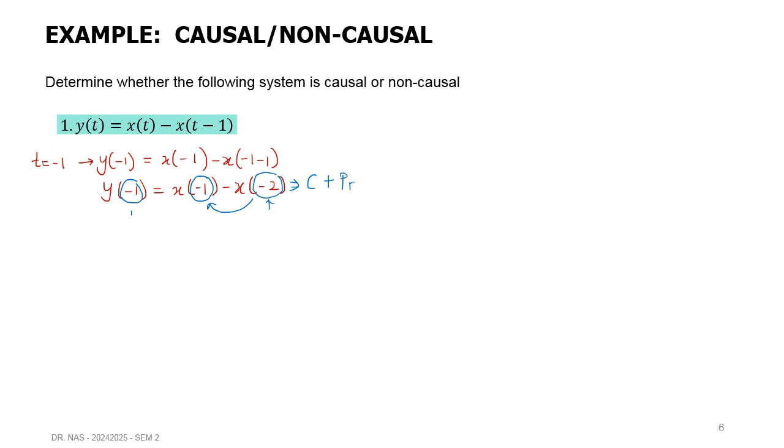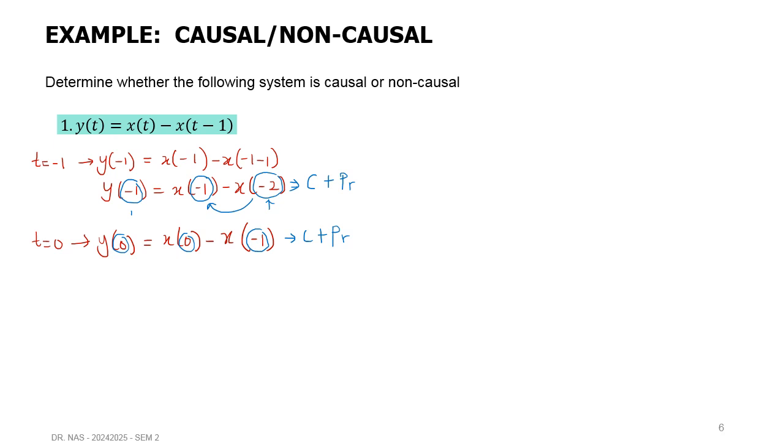Okay, so let's try when t equal to 0. When t equal to 0, your y(0) equal to x(0) minus x(0 minus 1), you got x(-1). So let's compare the states. The current state is 0, so you have 0 and 0. So it's current state plus -1, the previous state.